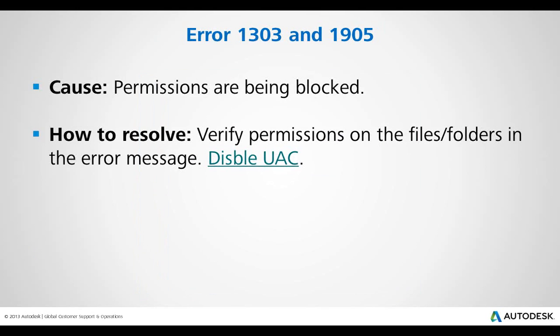So if you're not familiar with UAC, this was introduced in, I believe, Vista in order to try to prevent unwanted software from installing malware. Basically, it should prompt you before anything's allowed to install on the computer. Problem is, sometimes it can block some of the permissions that the Autodesk software requires during the install.